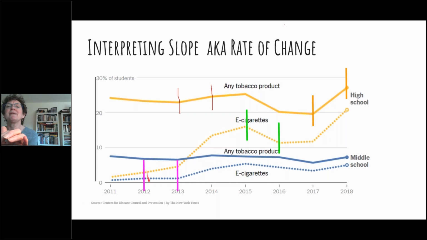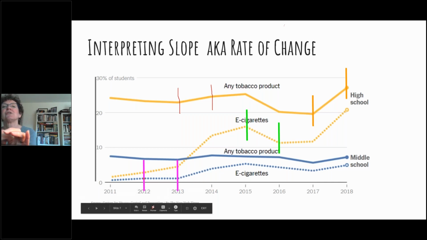What's happening here from 2012 to 2013 in between these two pink lines? It looked like it stays the same. Sure. And what number do we give that slope? 0. Perfect. It's a 0 because it doesn't change from 2012 to 2013.